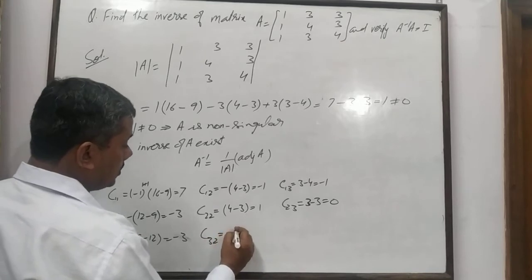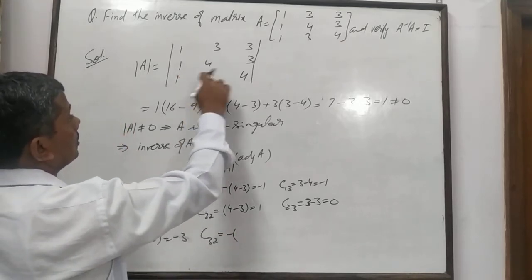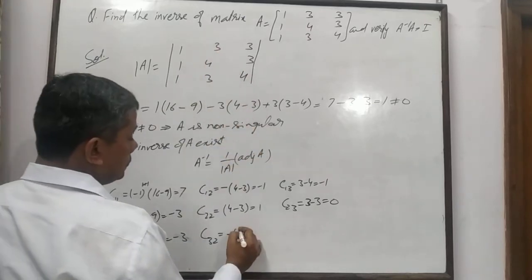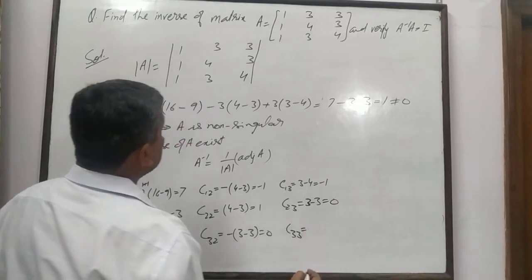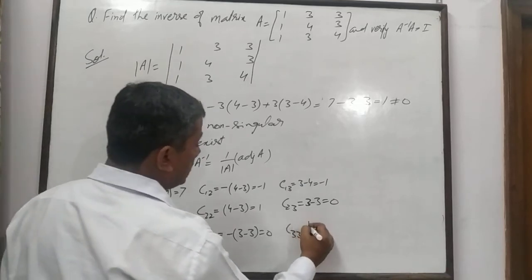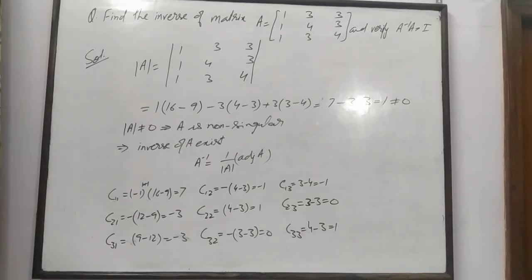C32, it is minus of, third row second column, 3 minus 3, 0. C33, third row third column, 4 minus 3, 1. So that's how we found the cofactors of each element.